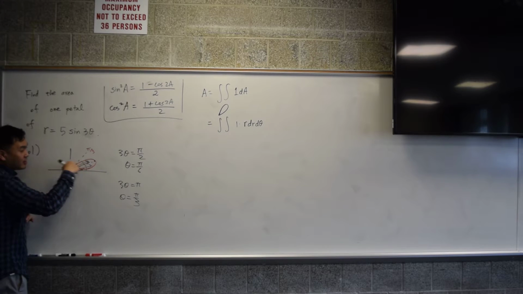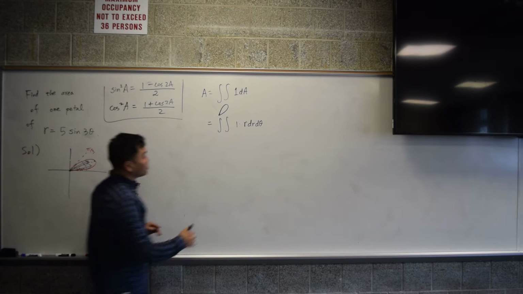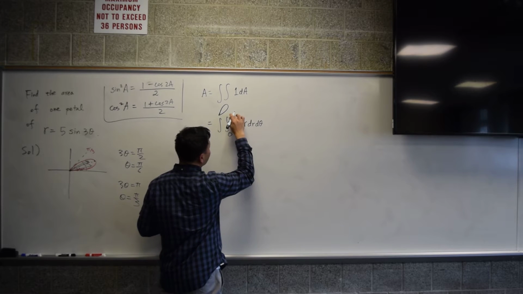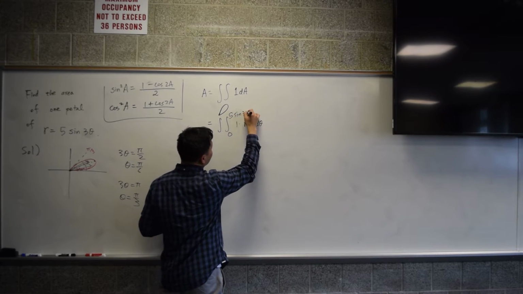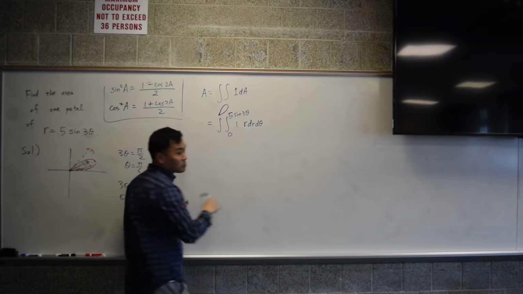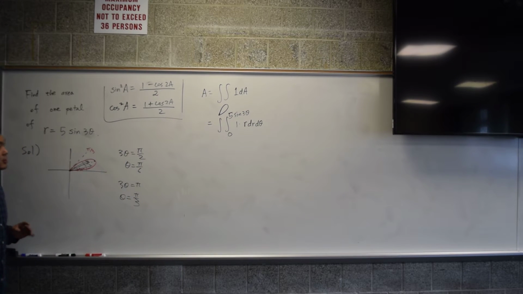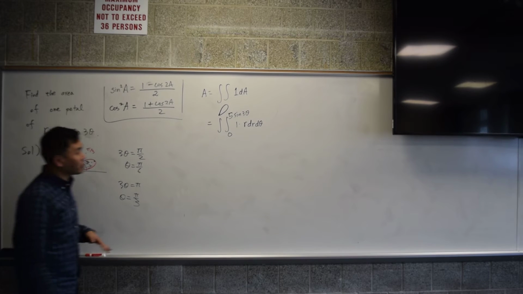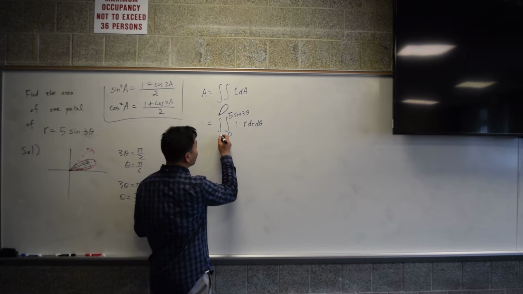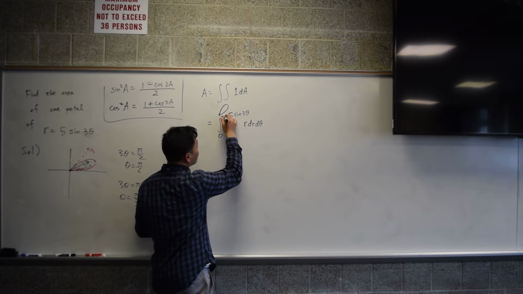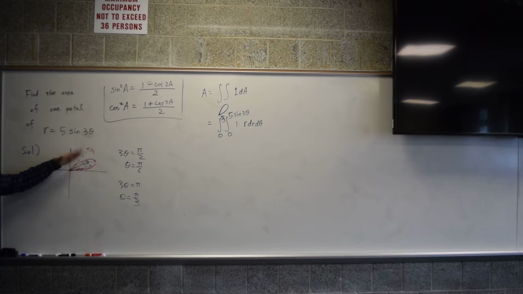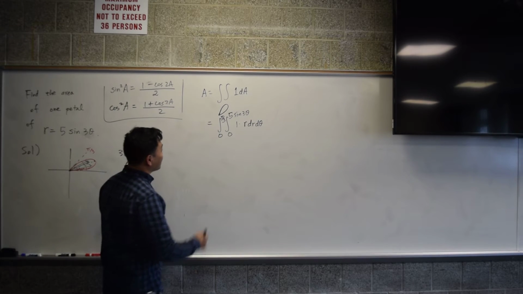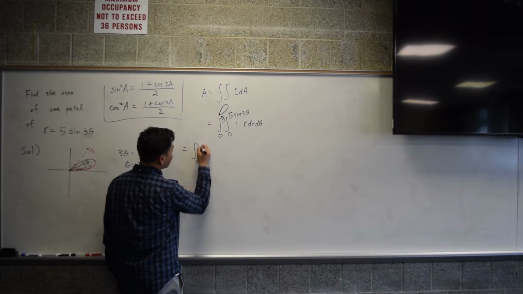And they end here, right? So you start at 0, and you end at 5 sine 3 theta. The brushes end at that curve. And your angle theta goes from where to where? 0 to pi over 3. That's what we just determined by drawing the graph. So that's what we have to integrate. So let's see, 0 to pi over 3.